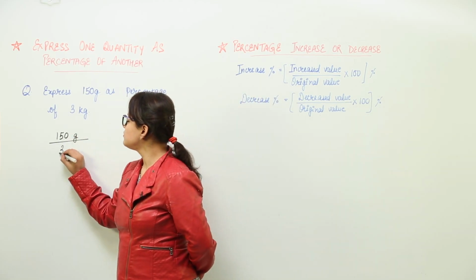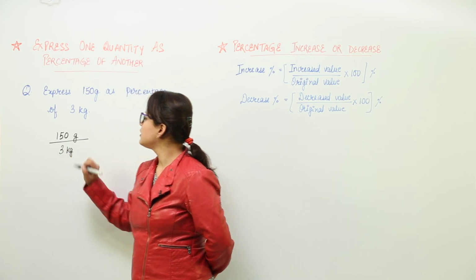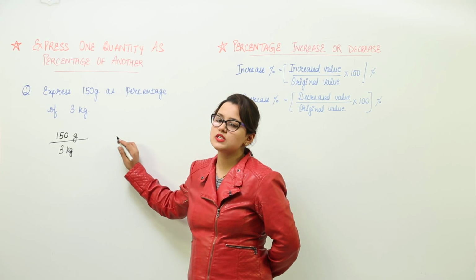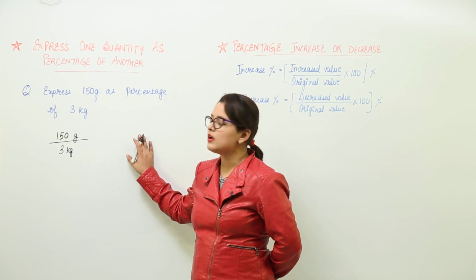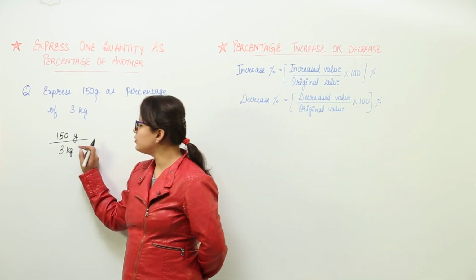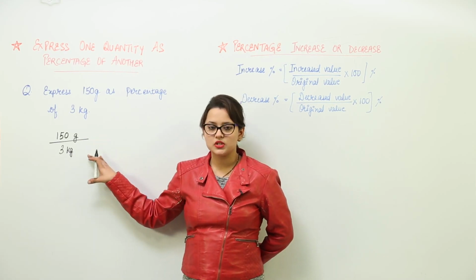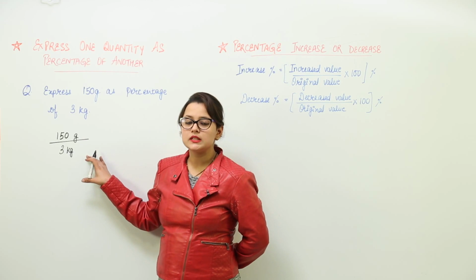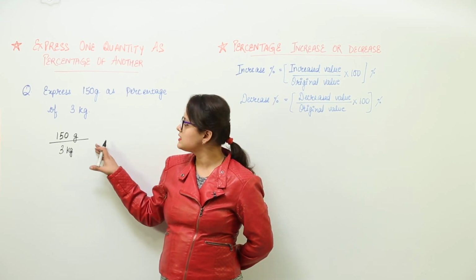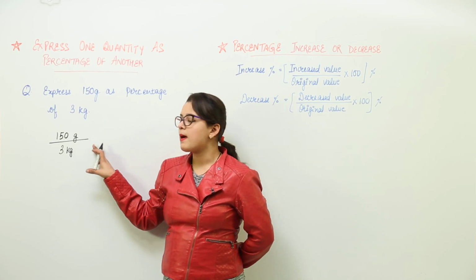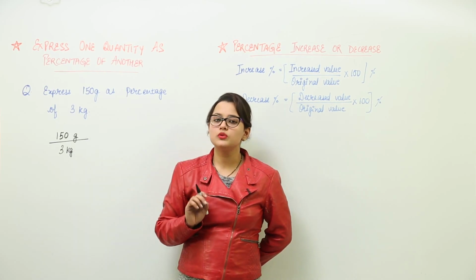So we write 3 kgs below, and this will be converted into percentage when we multiply it with 100. Before that, when you are writing two quantities in ratio with each other, you must consider that they should be of the same kind, that is both are weights only, so they are fine. But you must consider the units as well.